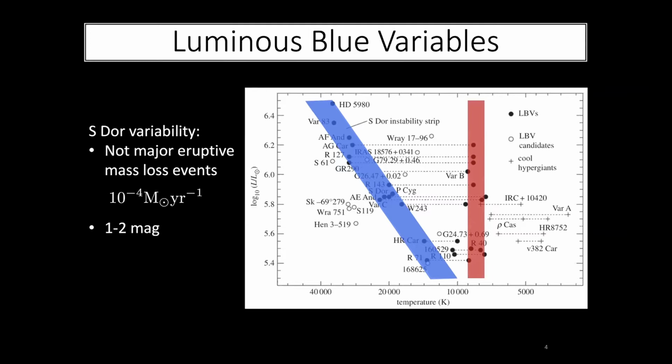S Dor variables usually lie in this blue diagonal-shaped region known as the S Doradus instability strip in the HR diagram, which is their hot blue state. And during their outbursts, they move to the red side of the HR diagram, which is the red cool state.